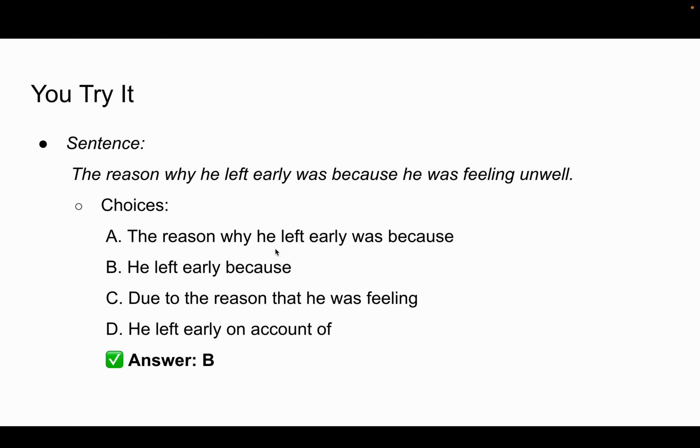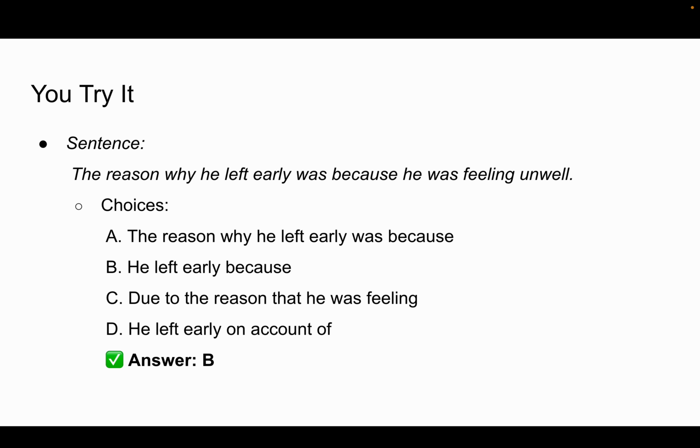Let's look at some examples to make it more concrete. The sentence is, the reason why he left early was because he was feeling unwell. The choices presented are: the reason why he left early was because; he left early because; due to the reason that he was feeling; and he left early on account of.